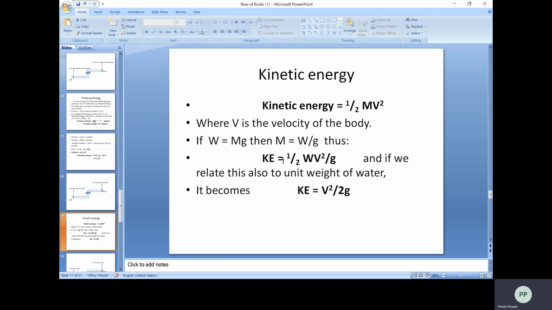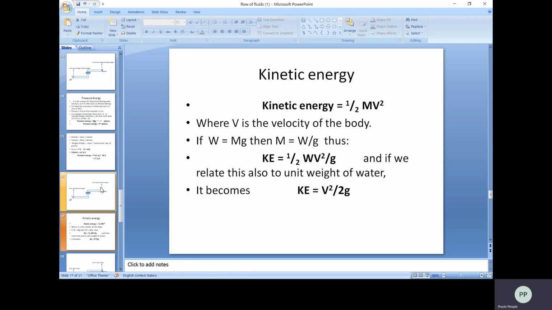So I will get kinetic energy equal to half w v square divided by g. Again, I'm going to consider this for a unit weight of fluid, so kinetic energy is equal to v square divided by 2 into acceleration due to gravity, right?